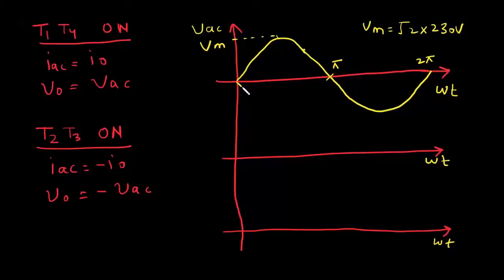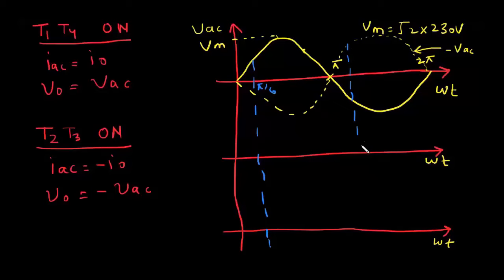Similarly, you can plot minus VAC, which is the negative of VAC. So this is minus VAC. The firing angle is 30 degree, that is pi by 6. This is pi by 6. This is pi plus pi by 6.